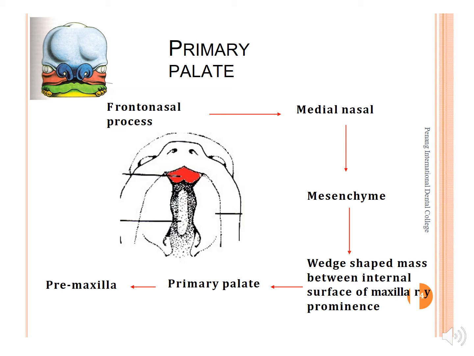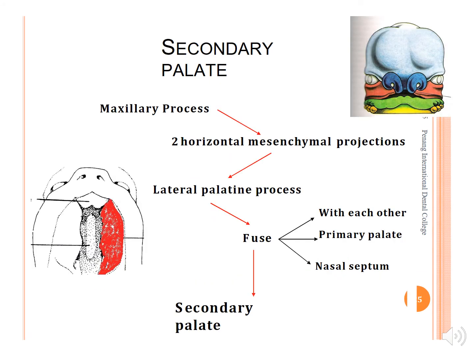This is what we call the core of the primary palate. For the secondary palate, the posterior border of the primary palate is located just posterior to the site of the future incisive foramen of the skull.